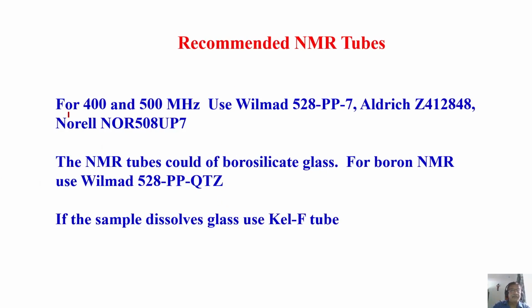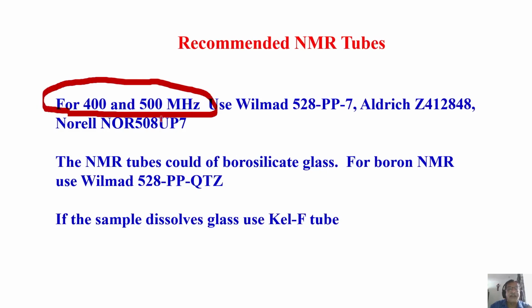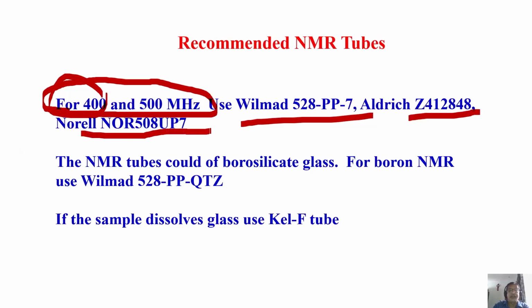For example, if you have a 400 or 500 megahertz spectrometer, you have to use Wilmad NMR tubes, whose numbers are 528-PP-7 and Aldrich, and Norell NOR 508-UP-7. These are the tubes which you have to use because it is time tested.